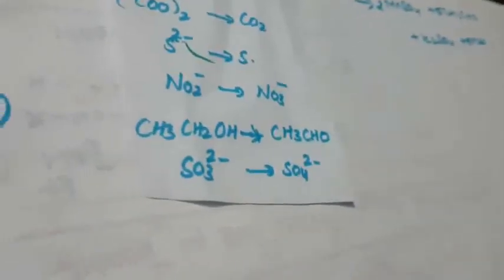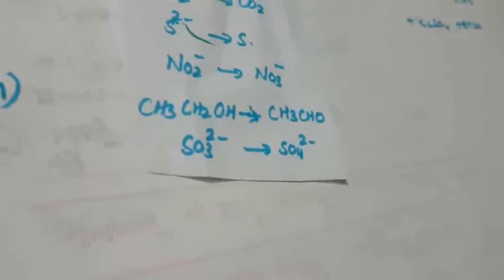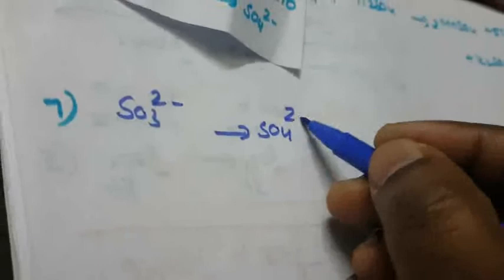Next, the last one, the 7th one. The last equation is SO3 2 minus converted into SO4 2 minus.